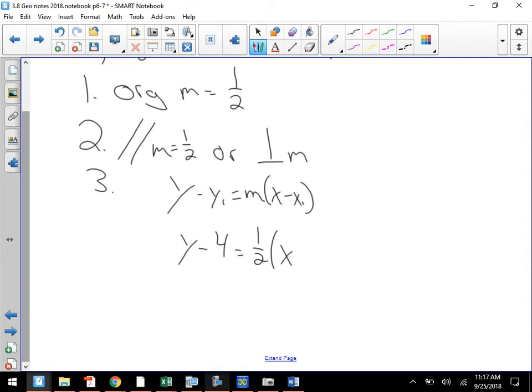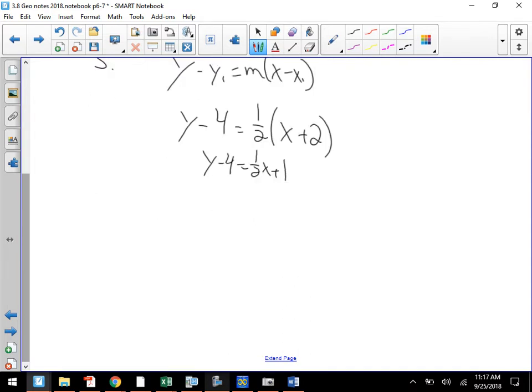Instead of writing minus and negative, what do we always put? Plus. Distribute out. Add 4. And there you go. Parallels.